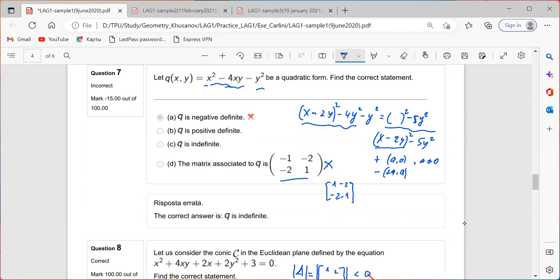Do you have questions about this one? No question. For the matrix, you have an alternative way here, but it's not so effective. You can compute the eigenvalues, because a second order matrix has 2 eigenvalues.